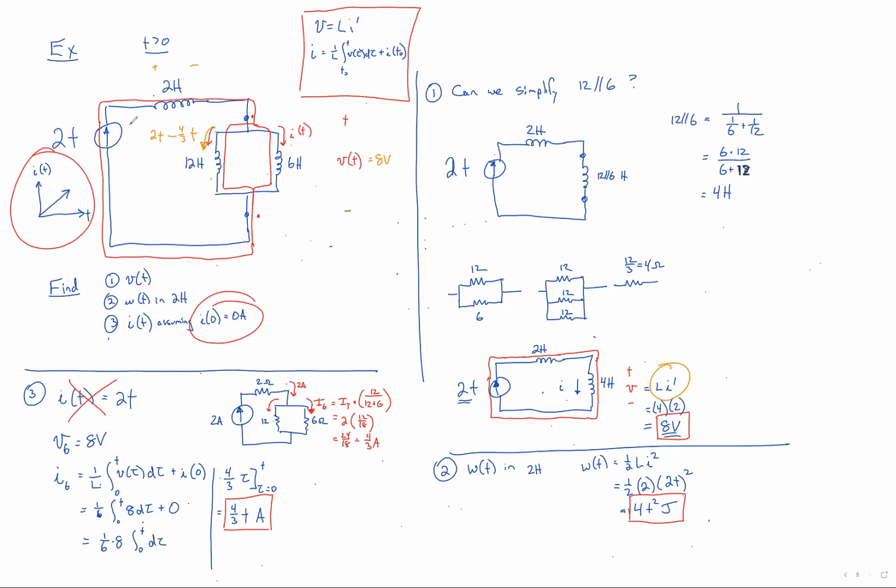If you wanted to find the voltage across the source, you'd add, by KVL, the voltage across this plus the 8 volts across this, and that would have to be the voltage across the source. And now you've found everything. You've killed the problem, and all without having to memorize any clunky equations like current dividers and voltage dividers and things like that. All right, that was a lot of stuff.